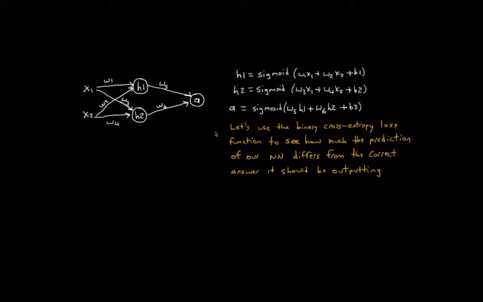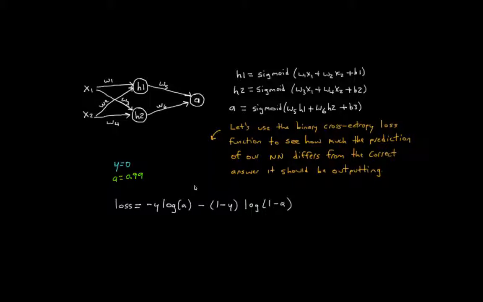We need to get some sense of how accurate our neural network is. And so we have an error function, or it's also called a loss function, which will tell us how much our prediction that the neural network has predicted, how much that prediction differs from the correct answer it should be outputting. So this is what the cross-entropy loss function looks like.